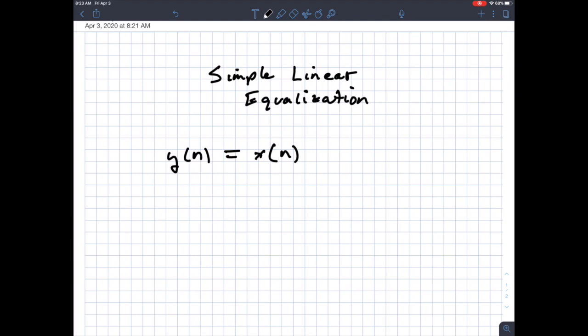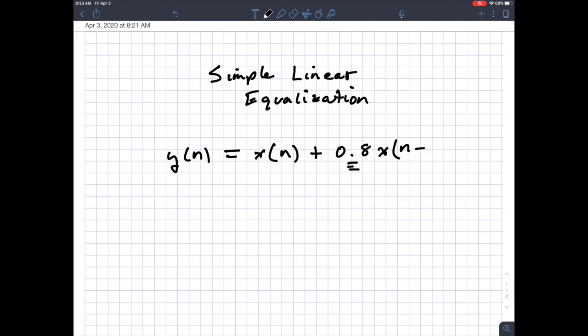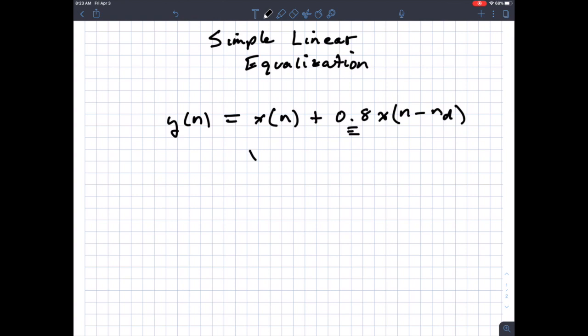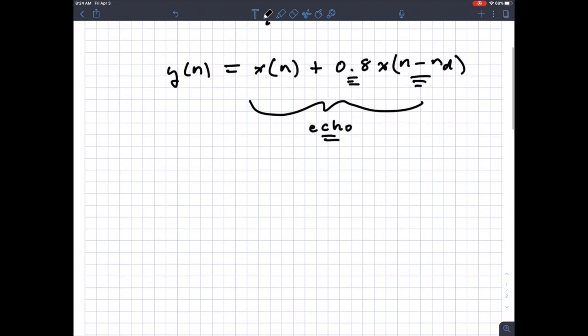If this was an audio signal x of n, and I had x of n attenuated a little bit, multiplied by 0.8, and then delayed by nd, where nd is another integer, this would be a simple echo. Later on in this chapter we'll talk about how delays like this would be a way to model multipath. But let's not get ahead of ourselves.